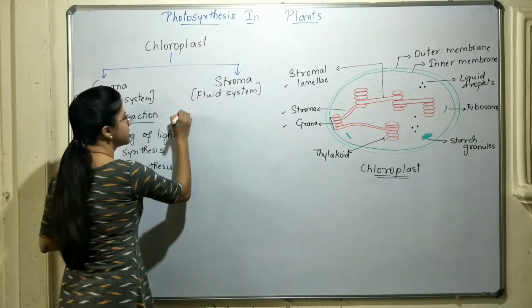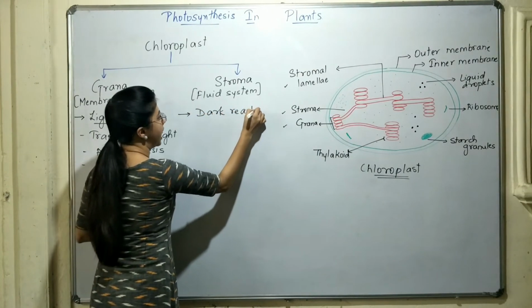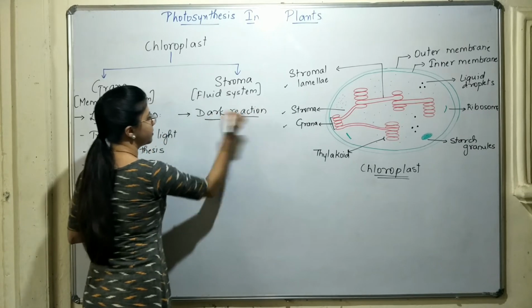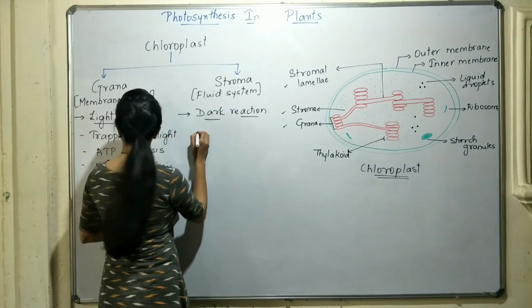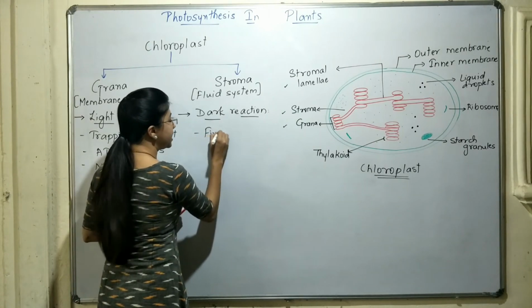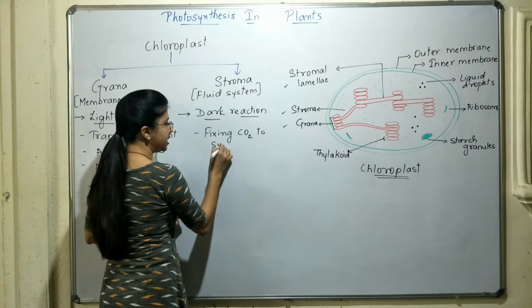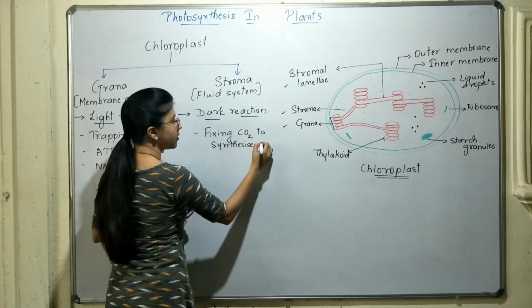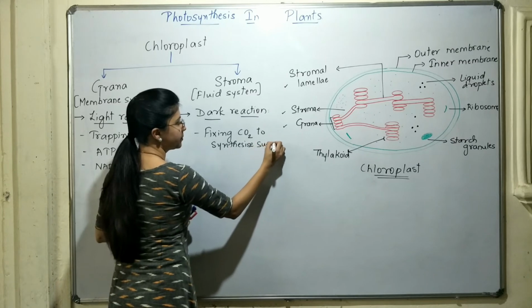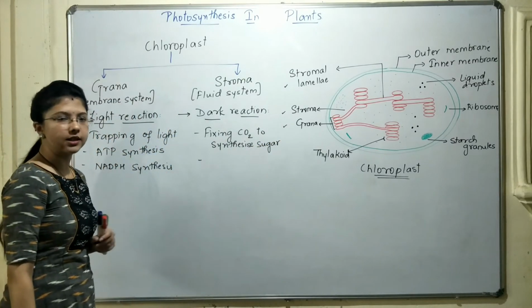The fluid system is basically responsible for carrying out the dark reaction. Again, this dark reaction is involved in fixing carbon dioxide to synthesize sugar. And how will this carbon dioxide be fixed to synthesize the sugar?